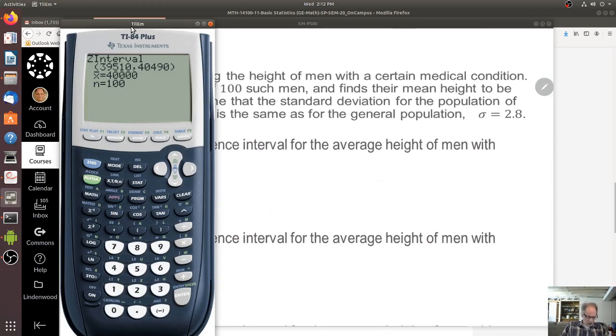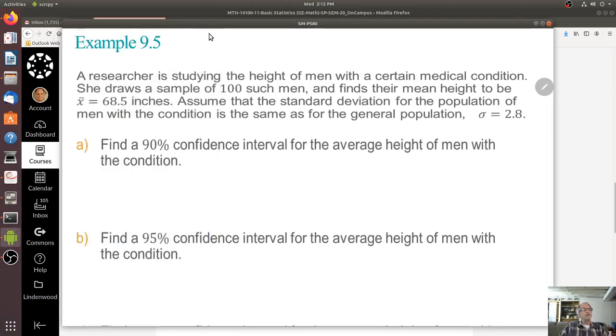A researcher is studying the height of men with a certain medical condition. She draws a sample of 100 men and finds their mean height to be 68.5 inches, X bar. Assume the standard deviation for the population of men with the condition is the same as that for the general population, 2.8.